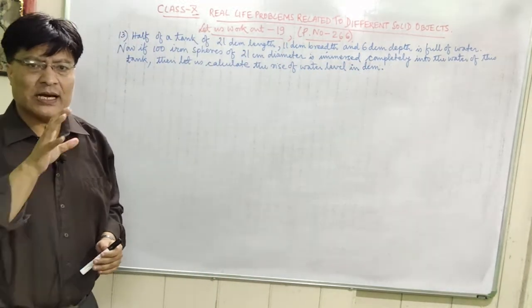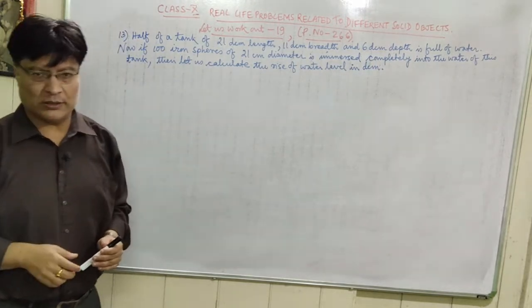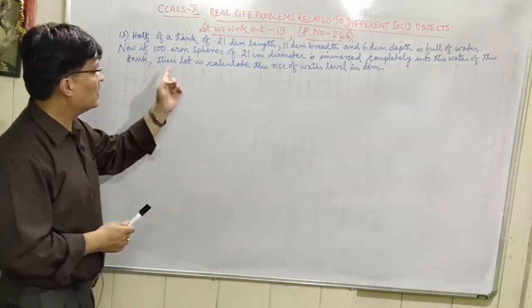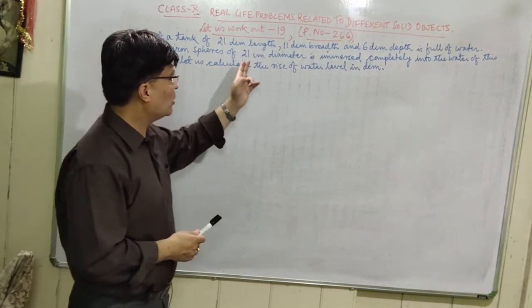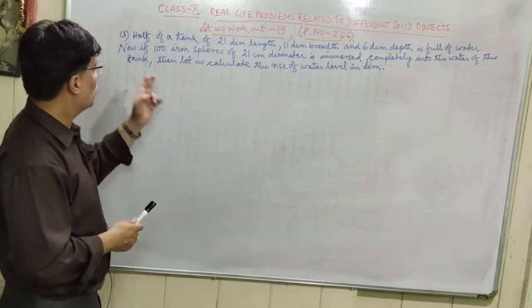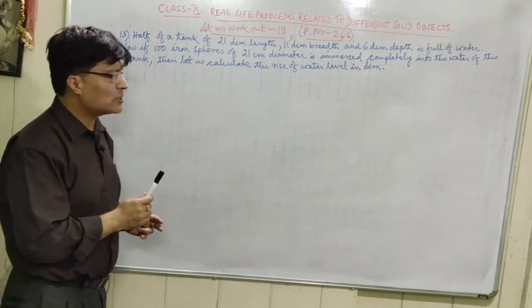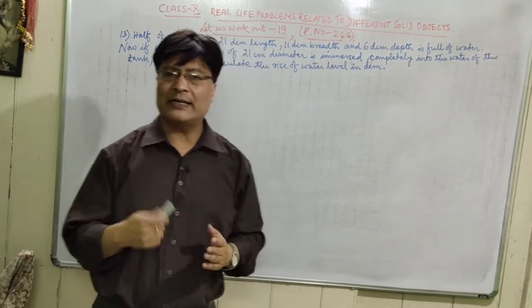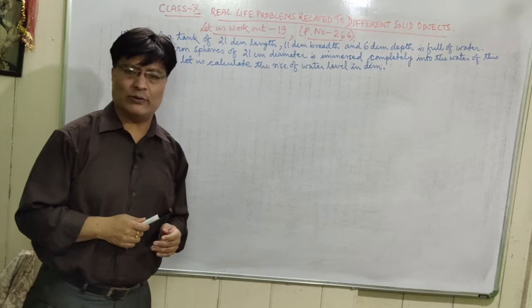This tank is half filled with water. Okay. So now if 100 iron spheres of 21 centimeter diameter is immersed completely into the water of this tank, then let us calculate the rise of water level in the tank. That is in decimeter, you have to calculate it.